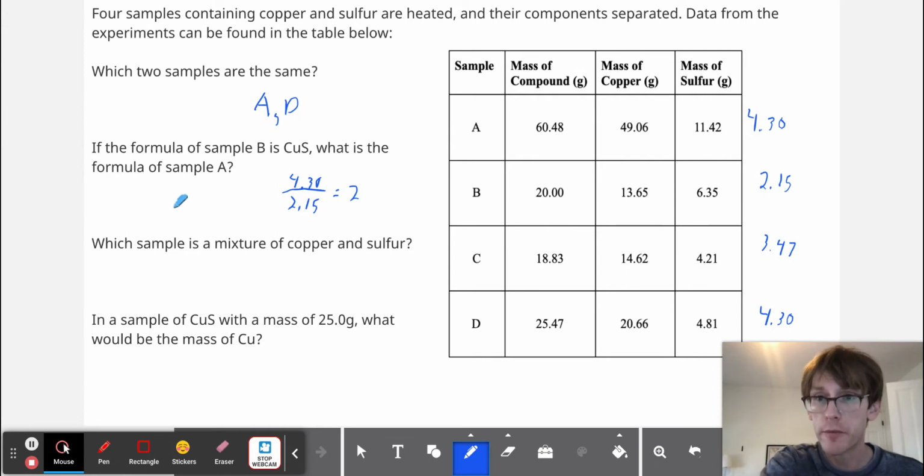So if compound B is CuS, then compound A needs to have twice as much copper per sulfur. If we keep the sulfurs the same, the copper is just going to be twice as much. So we have Cu2S.